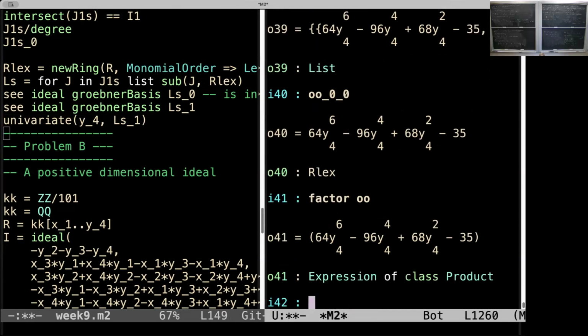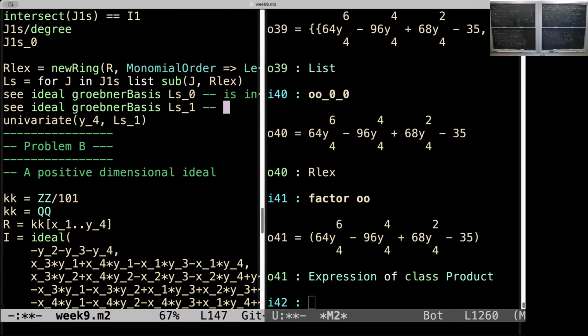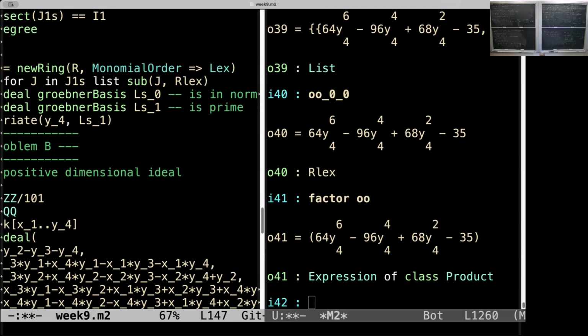If I factor that, then it is irreducible. So this is over some extension field of Q of degree 6, and it's going to define 6 points over that. So this one is also prime because it's in normal position and has an irreducible final polynomial.